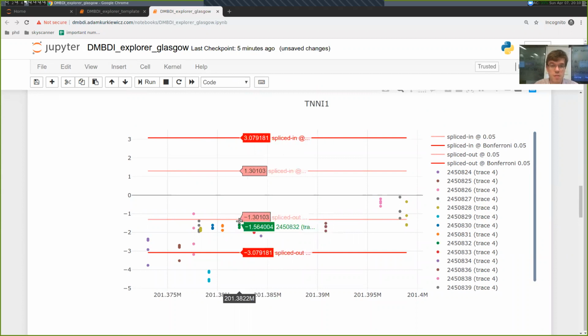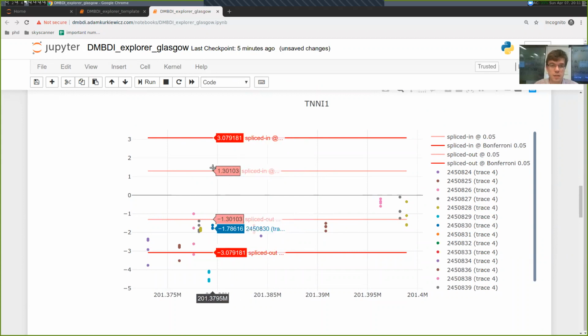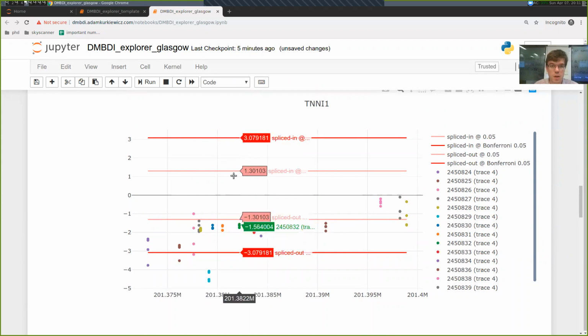Their meaning is that if we were to study 100 probes under the null hypothesis, we would expect about 5% of those, so about 5 of the probes, to come either at the top of the faded line or at the bottom.